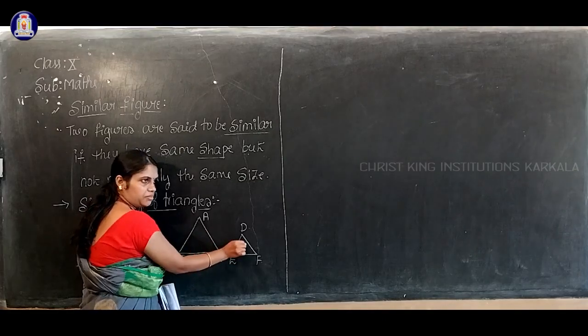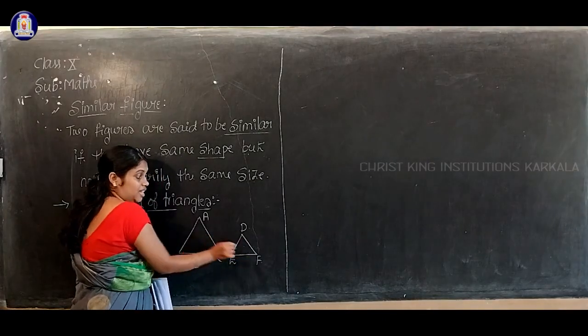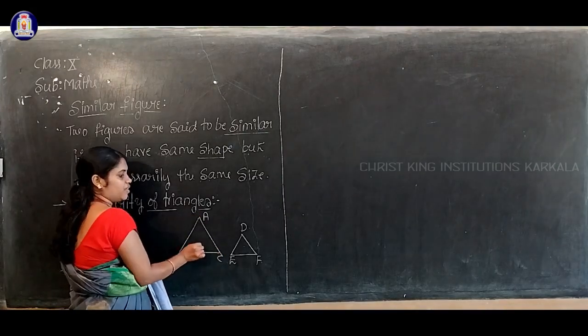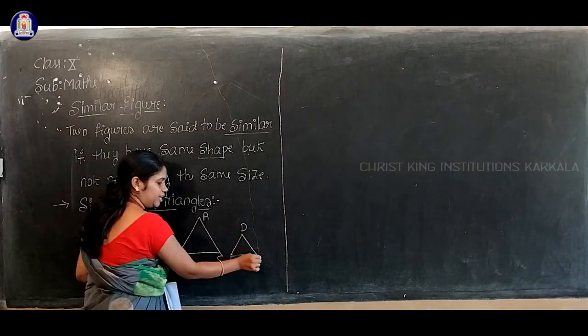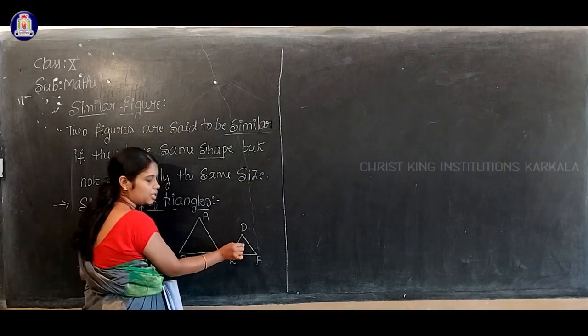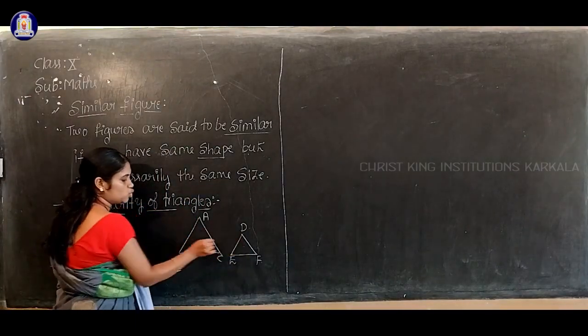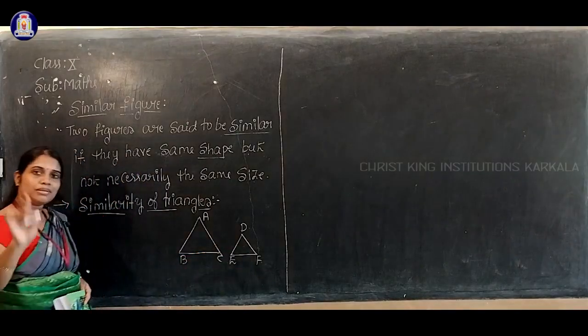The shape is the same, isn't it? But the size is different. Triangle ABC is the bigger one, triangle DEF is the smaller one. So my question is, when can we say that these two triangles are similar?